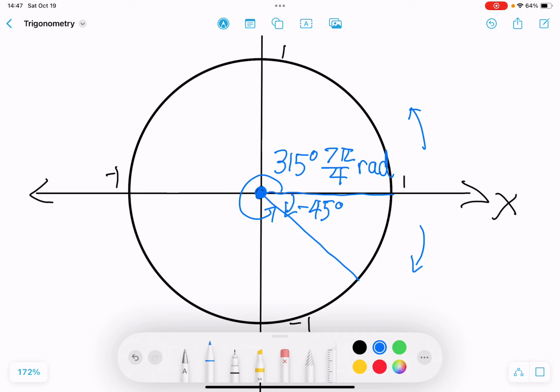And you can represent negative pi over 4 radians with 7 pi over 4 radians. So you can just add 360 degrees to this angle. When you add a positive angle, it's the same as moving counterclockwise.